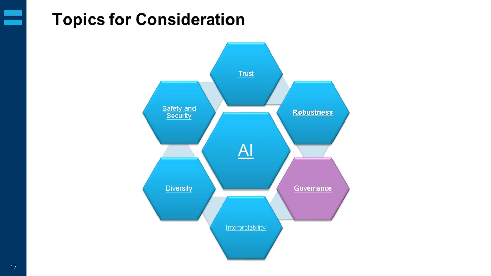But there is a lot more around it as well. All of them overlap with each other quite a lot, but there are still things that we haven't covered in this session, such as the safety and security, the ethics, the diversity, the interpretability of the AI. These are all things that need to be considered as well, just as much as the governance and the internal protocols that we implement.